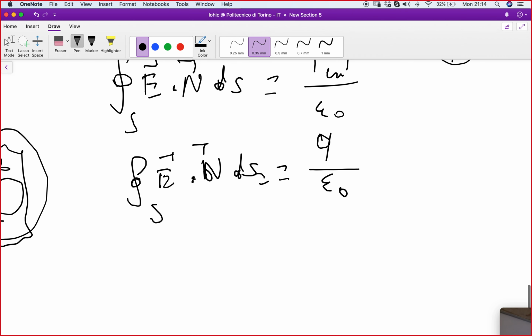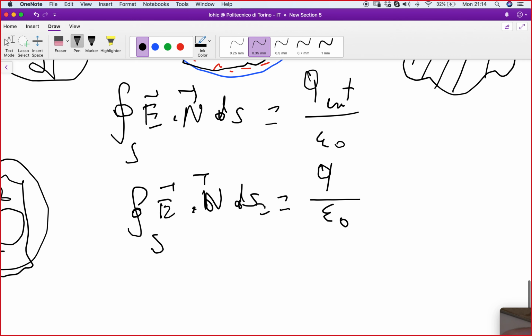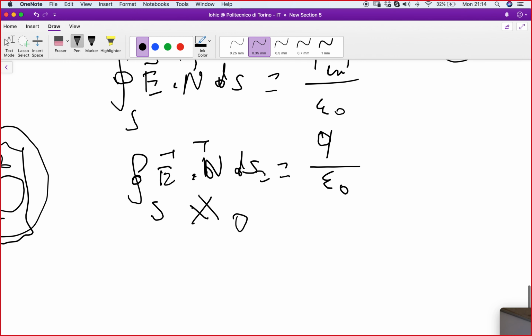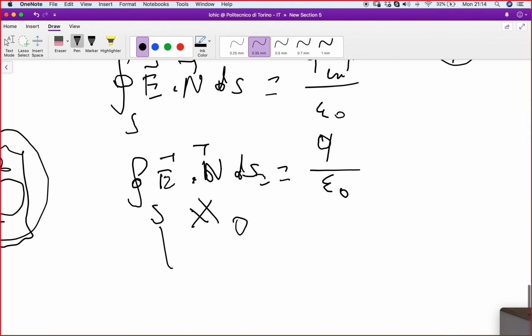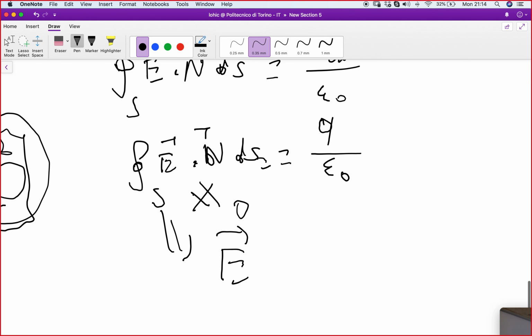Now you see that if nothing happens, I will get that this flux is not equal to 0, because this charge Q is not 0. If this flux is not 0, it means that the field on the surface is not 0.